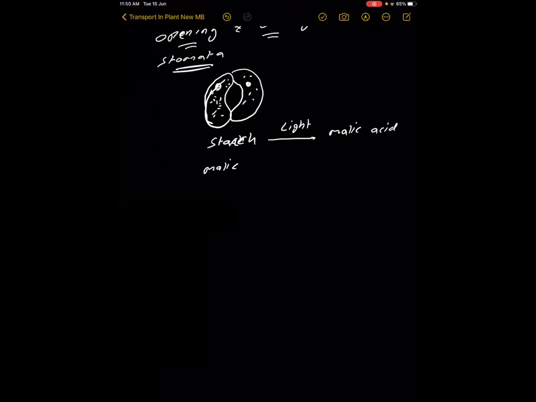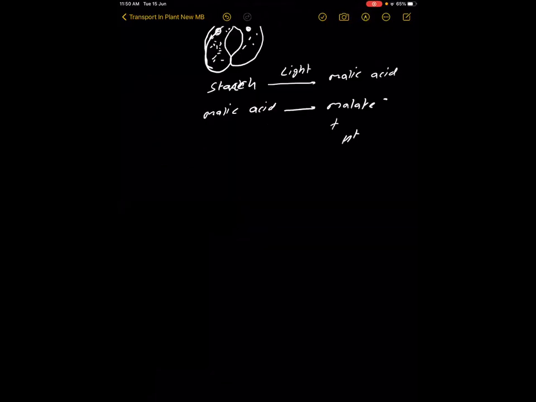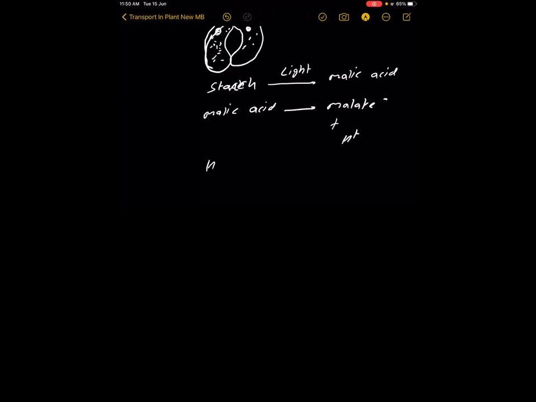Malic acid splits into malate ions and H ions. The H ion concentration increases in the guard cell, so H ions move outside to the epidermal cells where H ions are less.